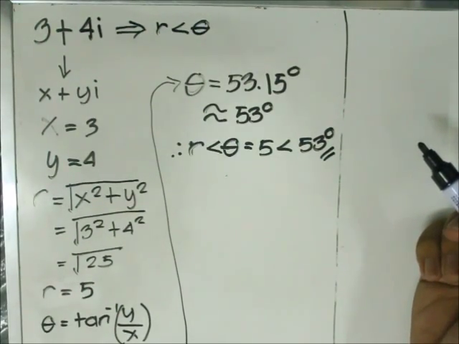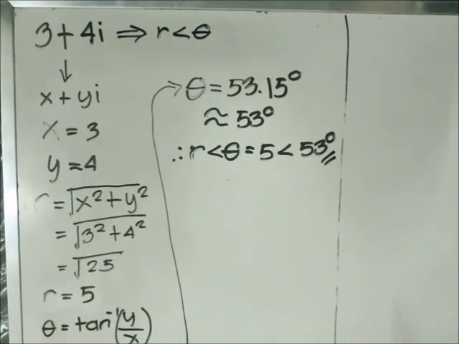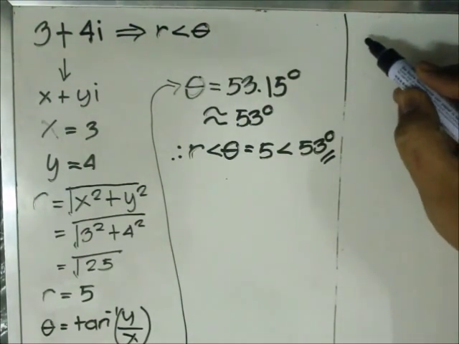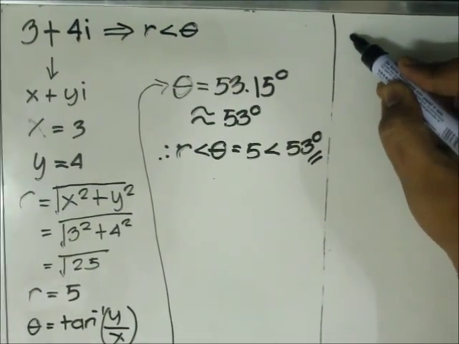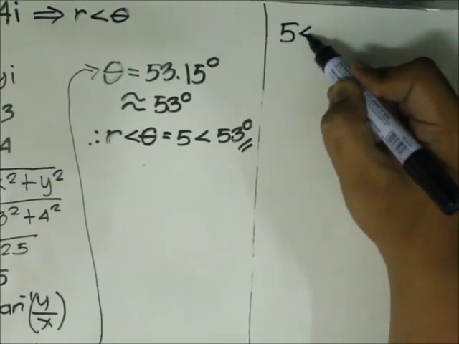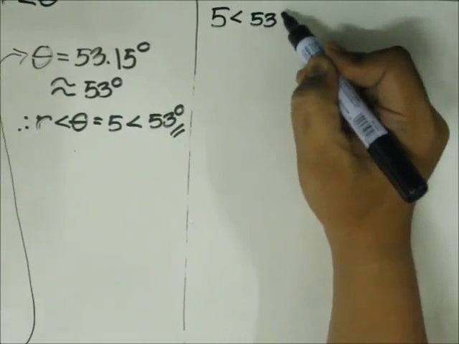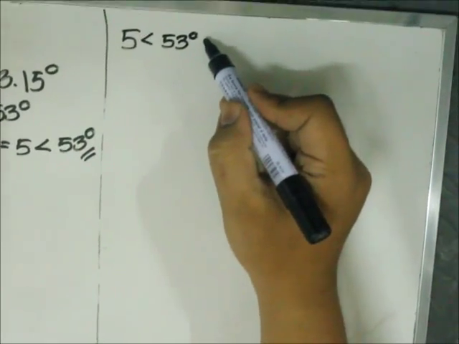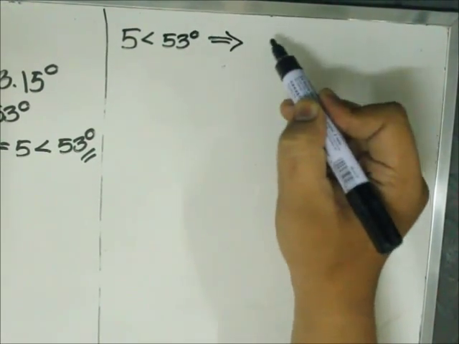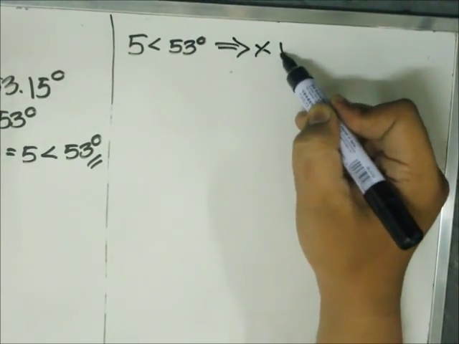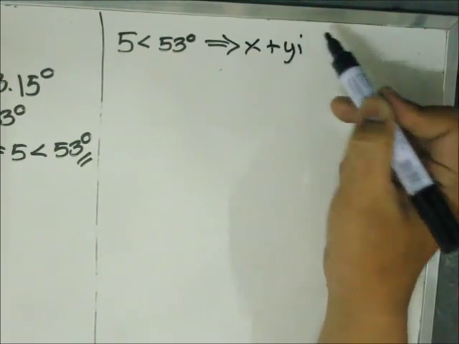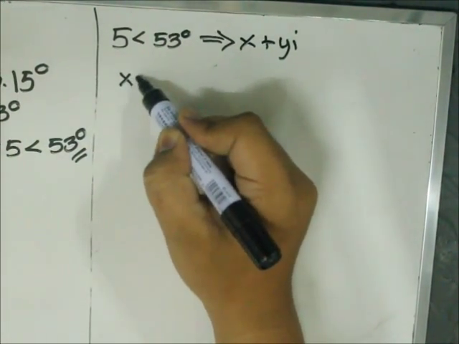Next is to show you how to convert from polar to rectangular coordinate. We're going to use the previous example to also prove that our solution is correct. So we have 5 cis 53 degrees to be converted into rectangular form. This process will be easier than converting rectangular to polar form.